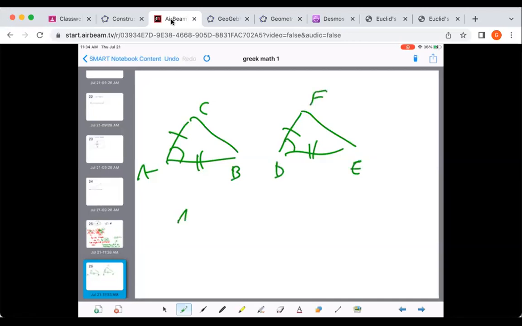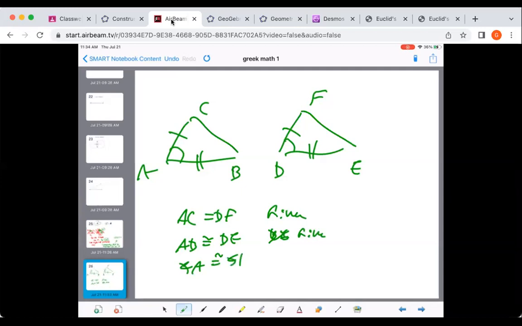So if AC is congruent to DF, given, and AB is congruent to DE, given, and angle A is congruent to angle D, given, we would say triangle ACB is congruent to triangle DEF by side angle side, and then say angle B is congruent to angle E by CPCTC.